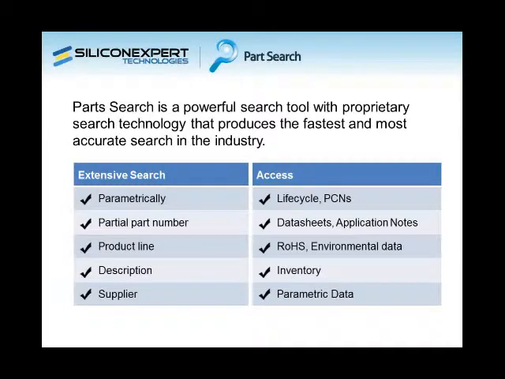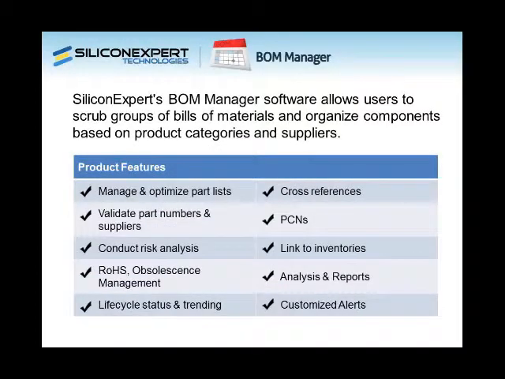In the part search tool, you can do that one part at a time. So one part at a time, you can find out parametric information. You can search for parts by part number. You can search by product line or by description or by supplier. You can access data including environmental information, process, parametric information, data sheets, lifecycle, PCNs. The same data can be obtained in the BOM manager only in bulk.